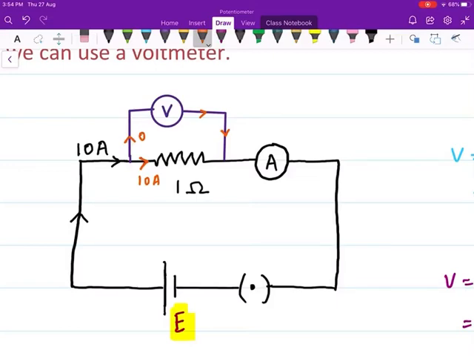If I want zero current to be passing through this voltmeter, it should have an infinite resistance, which is not possible. So this voltmeter is definitely going to draw some current, because of which we will not get accurate readings, right?